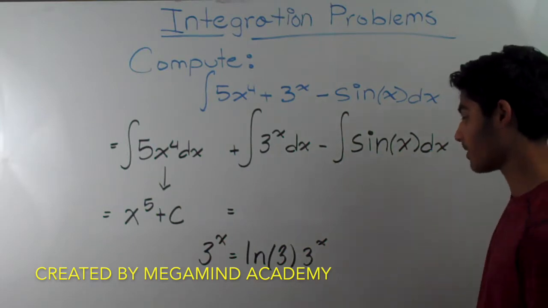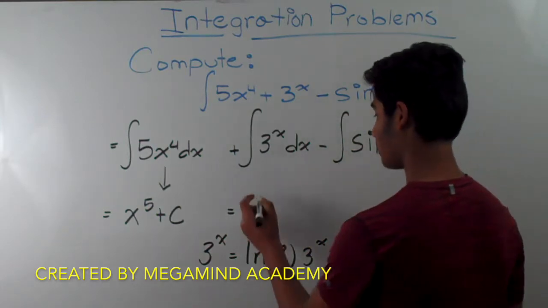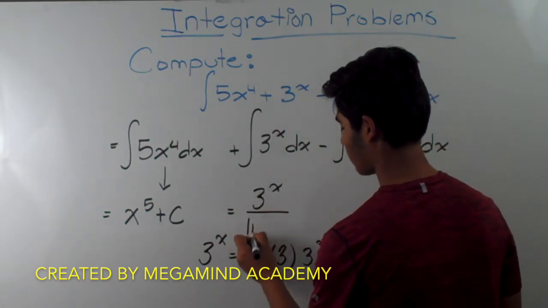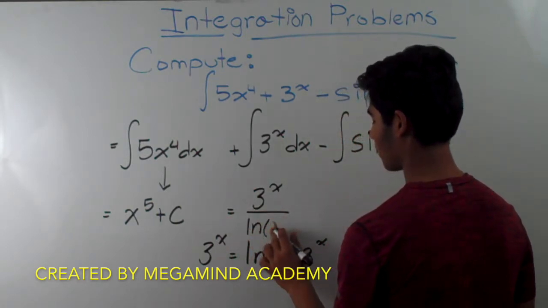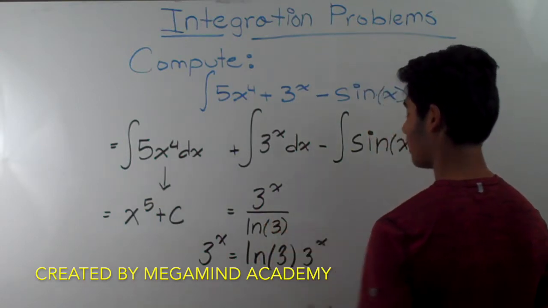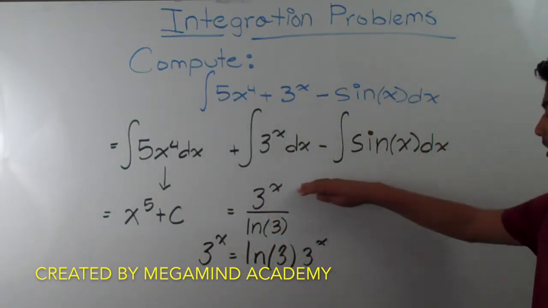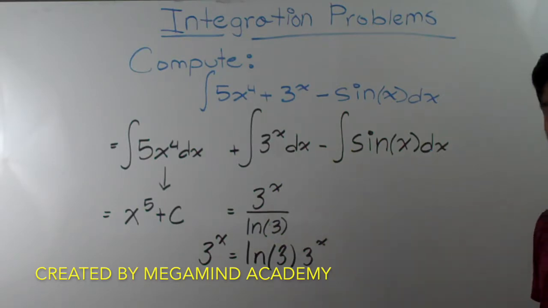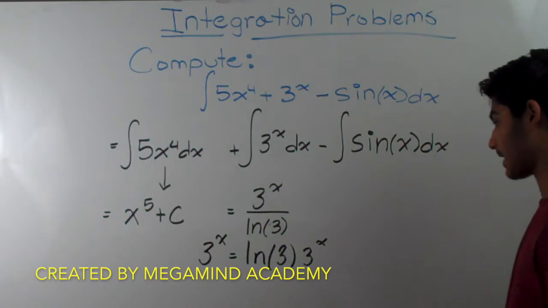So this would be equal to 3 to the x power over the natural log of 3. The derivative of this would be the natural log of 3 times 3 to the x power over the natural log of 3, giving us just 3 to the x power.